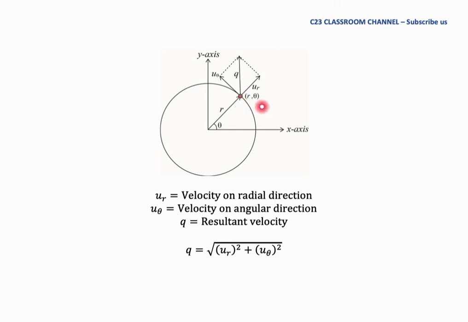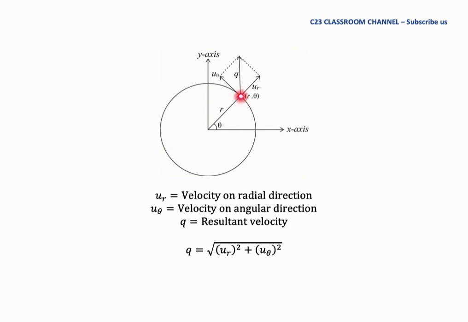So we write r and theta. For this location, the radius is r and the angle is theta. So the coordinate for this one can be written as (r, theta).